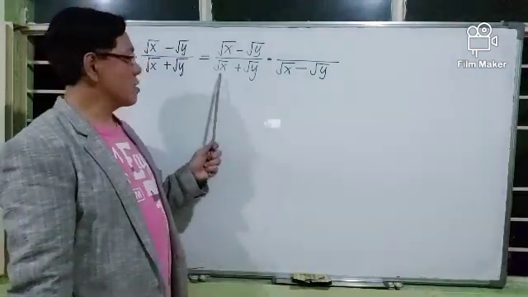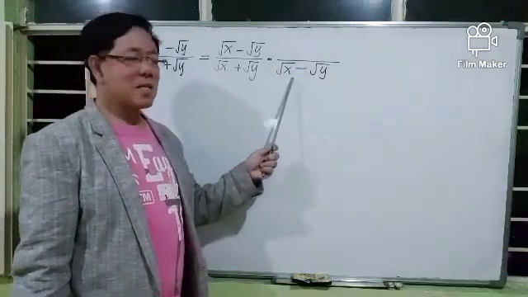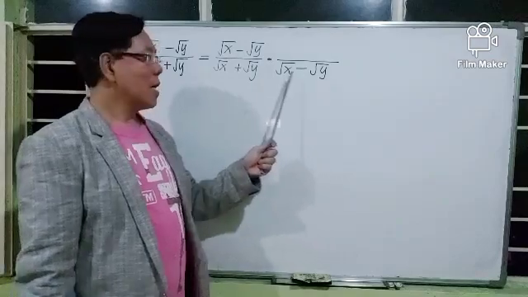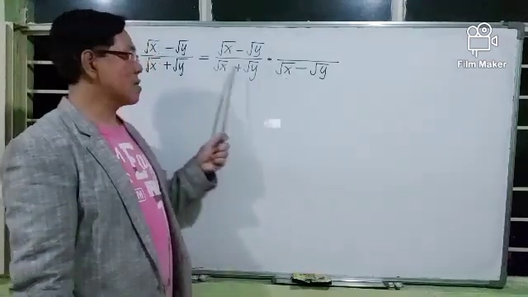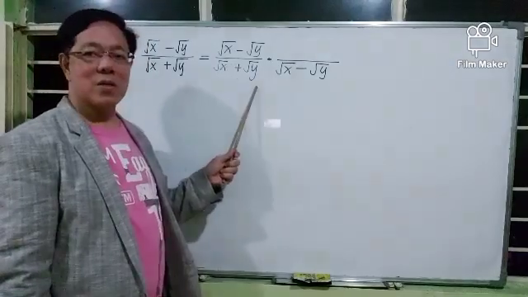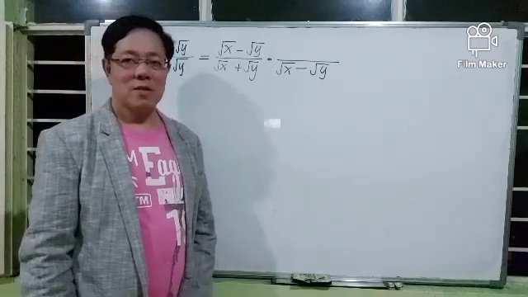In other words, the conjugate of square root of x plus square root of y is square root of x minus square root of y, and the conjugate of square root of x minus square root of y is square root of x plus square root of y. They are conjugates of each other.